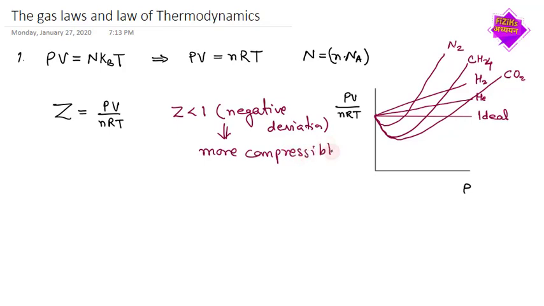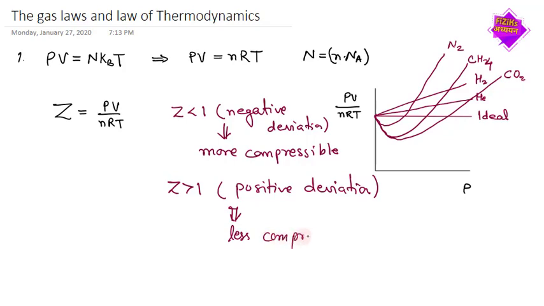When Z is greater than 1, this is a positive deviation, which means that this is a less compressible gas. So that was a comment on the ideal gas and the real gas and how to find this Z factor.